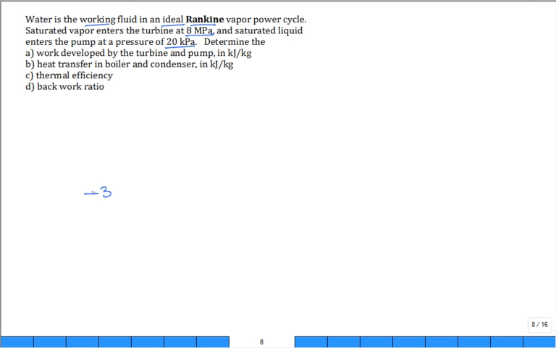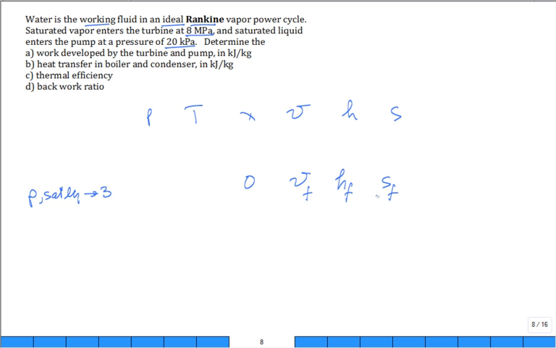What's special about state 3? It's low pressure and it's saturated liquid coming out of that condenser. So if I needed to know the pressure and the temperature, the quality is going to be 0, the specific volume is the saturated liquid specific volume, the enthalpy is h_f, the saturated liquid enthalpy, and the entropy is s_f.